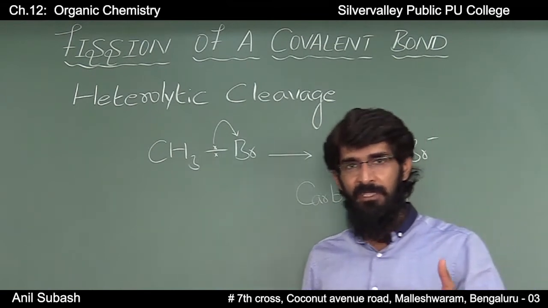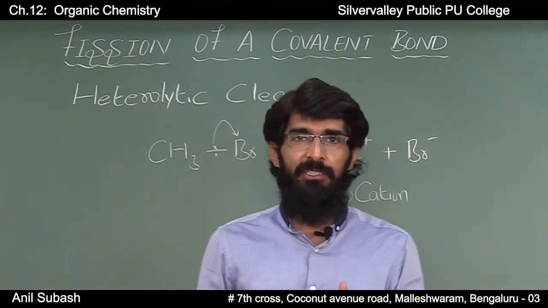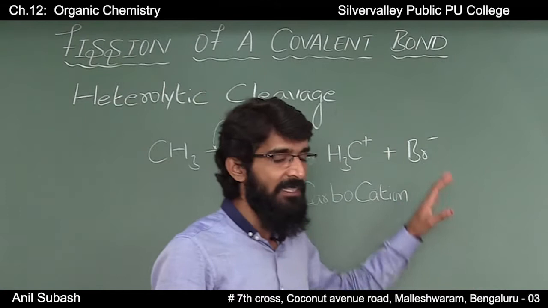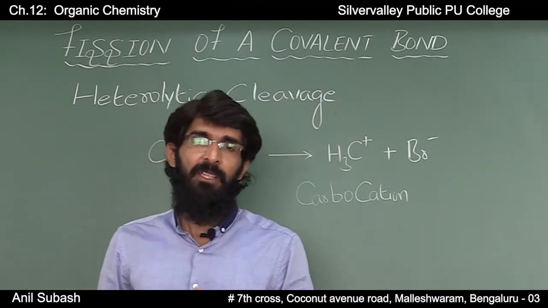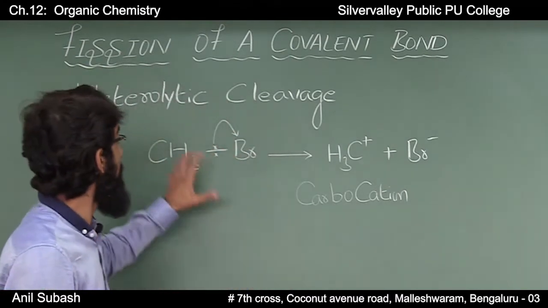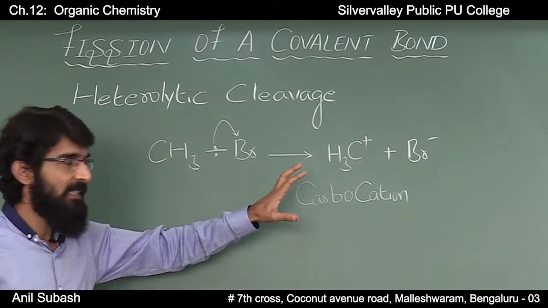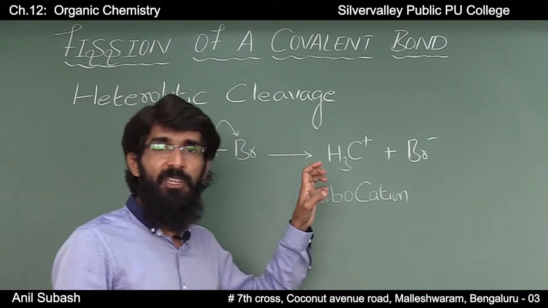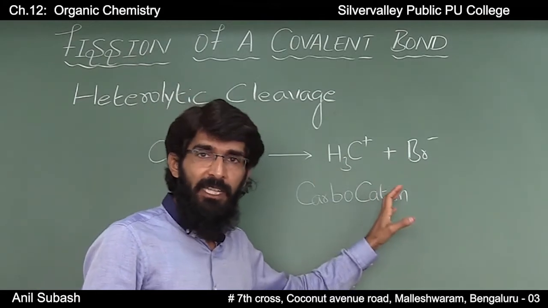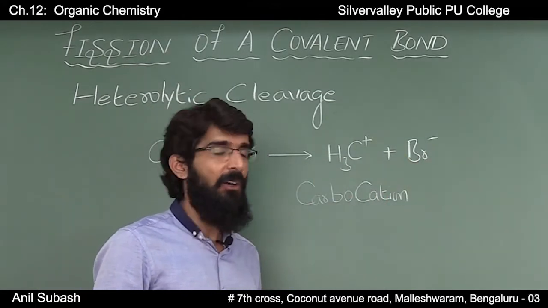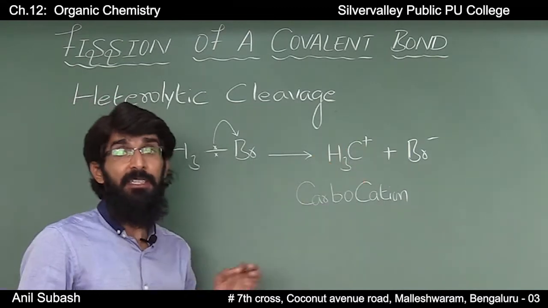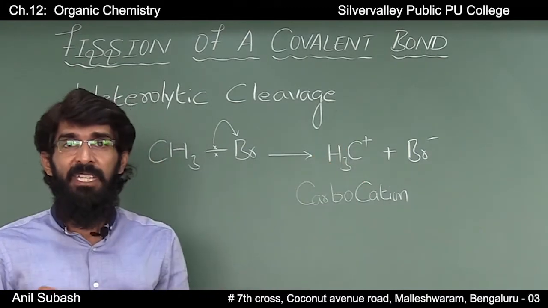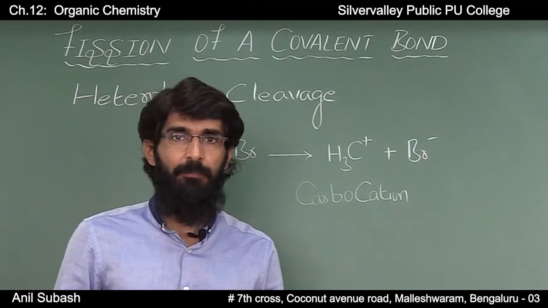That is, a species carrying a positive charge is called a cation, and a species carrying a negative charge is known as an anion. Therefore, whenever heterolytic cleavage takes place, it leads to the formation of a cation and an anion. And in this case, CH3+ is known as methyl cation.